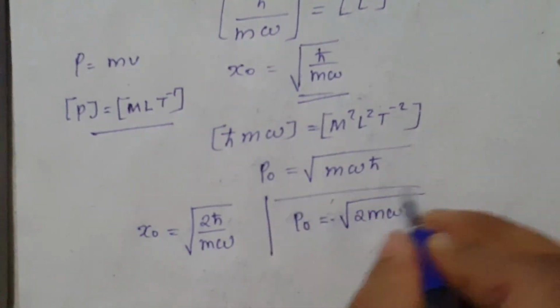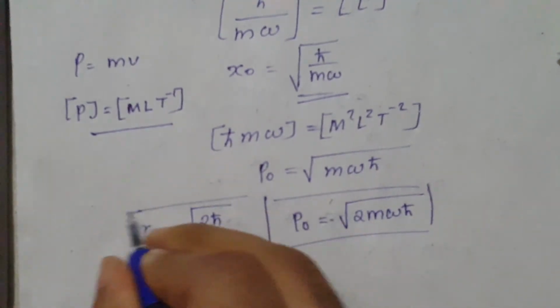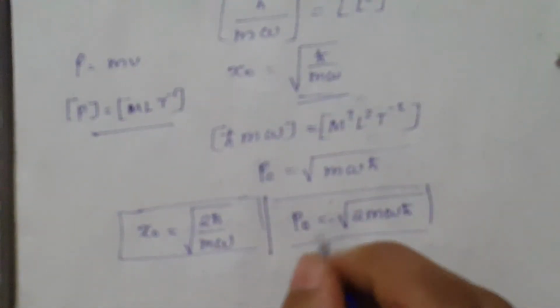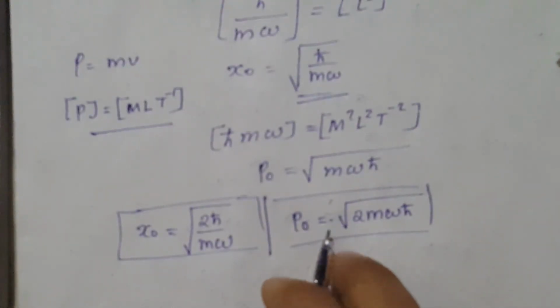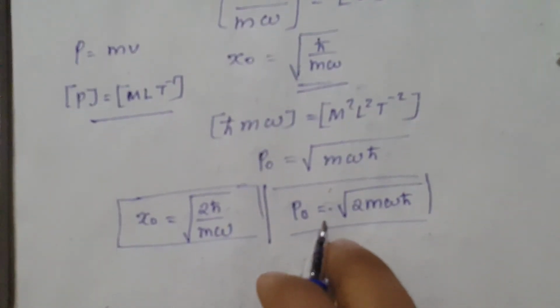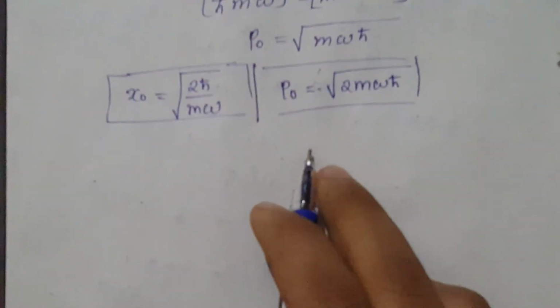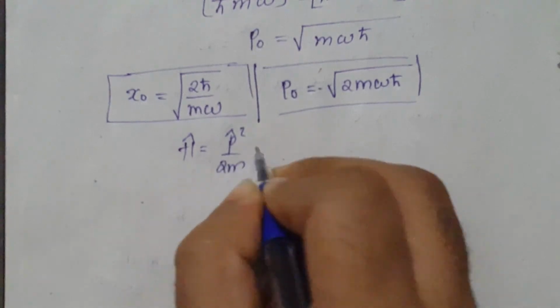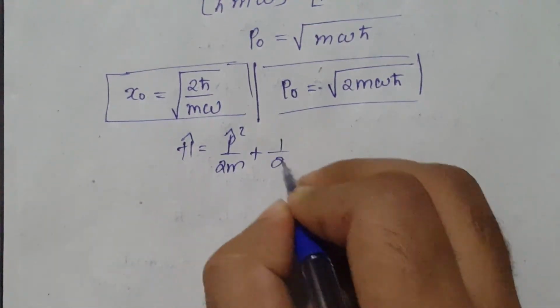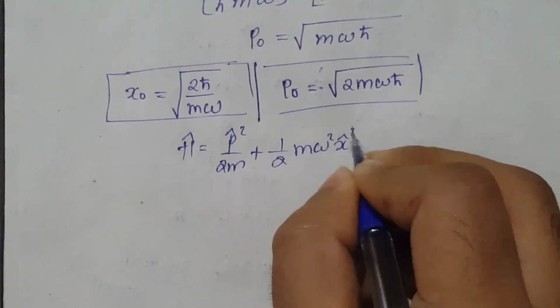So now we have two constants having dimension of a position and dimension of momentum. Now what are we going to do? We have the Hamiltonian, h cap is p cap square by 2m plus half m omega square x cap square.